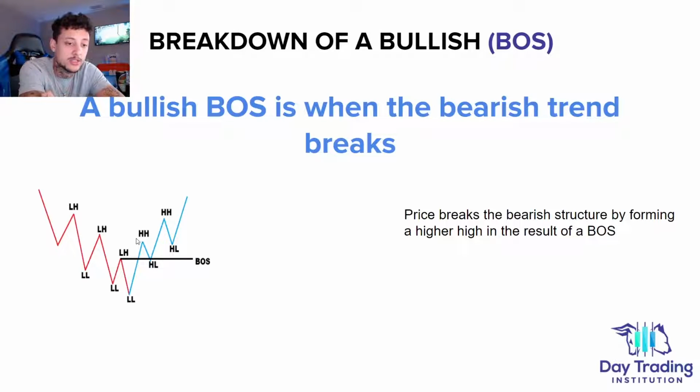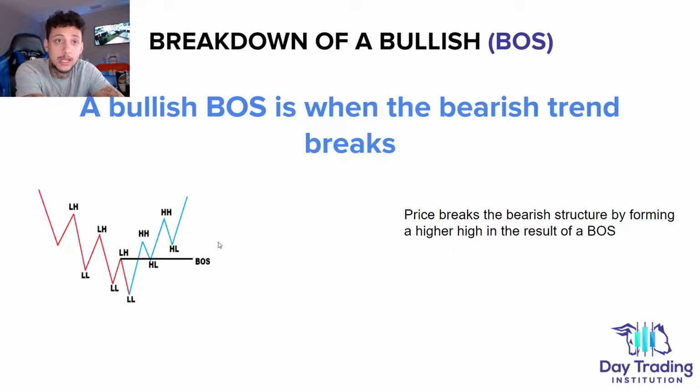Now notice after this higher high was made, there was a higher low, then a higher high, then a higher low. That's how you can identify that there could be a potential change in trend when the first lower high is broken. And again, this is going to be considered a higher high because it broke above the previous lower high, which in this situation is a lower high resulting in a higher high. It's as simple as that.